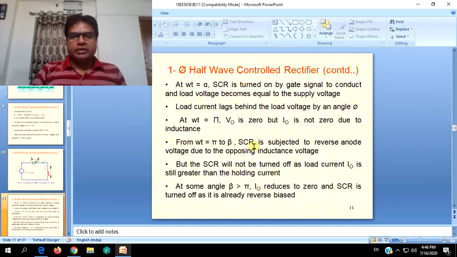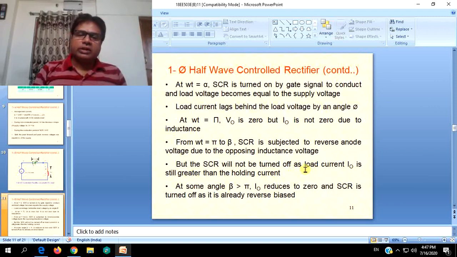That is explained here: from omega t equal to pi up to some angle beta, the SCR is subjected to reverse anode voltage due to the opposing inductance voltage, but the SCR will not be turned off, as the load current I naught is still greater than the holding current.